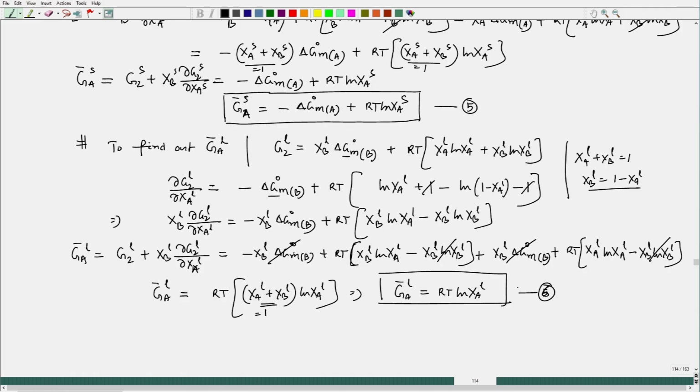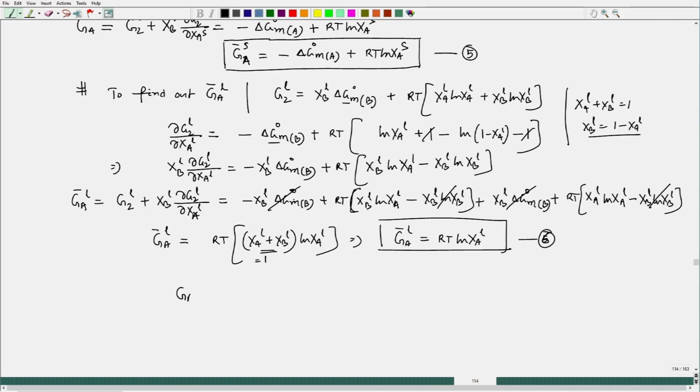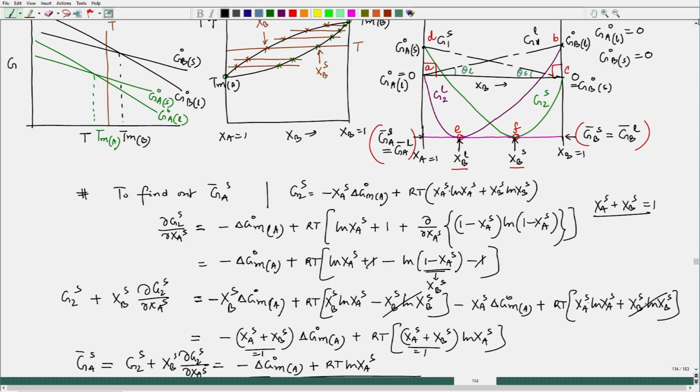Okay. So now we know as per equilibrium GAS equal to GA bar L. If we go back, you see this. So that's what we are doing here also.